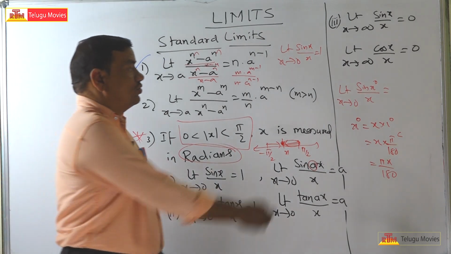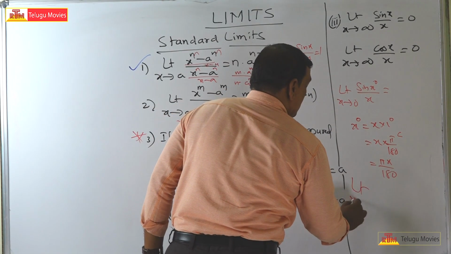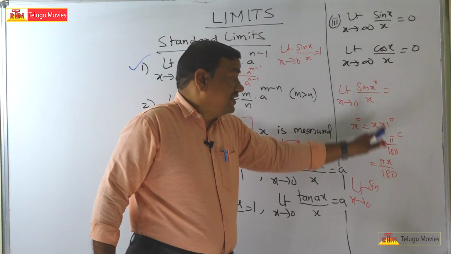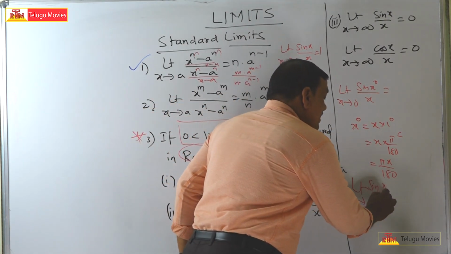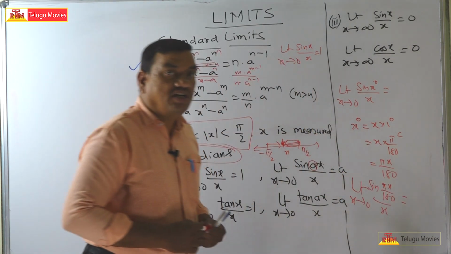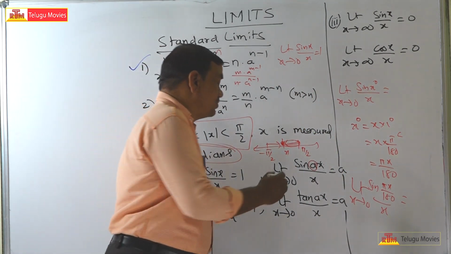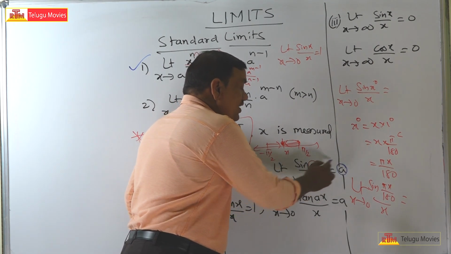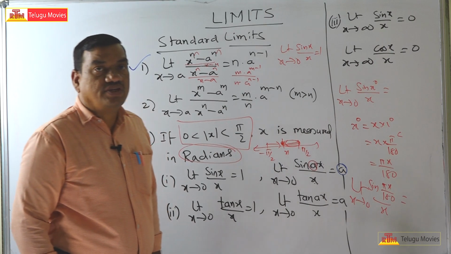So your problem is limit x tends to 0, sin of (pi x by 180) by x, where in place of x degrees I substitute pi x by 180. Using the formula limit x tends to 0, sin ax by x is equal to a, whatever the x coefficient is, that will come.